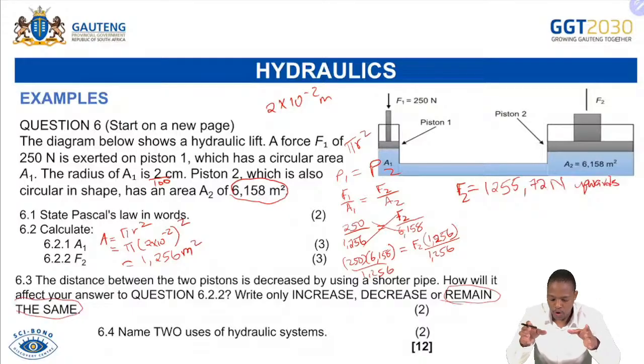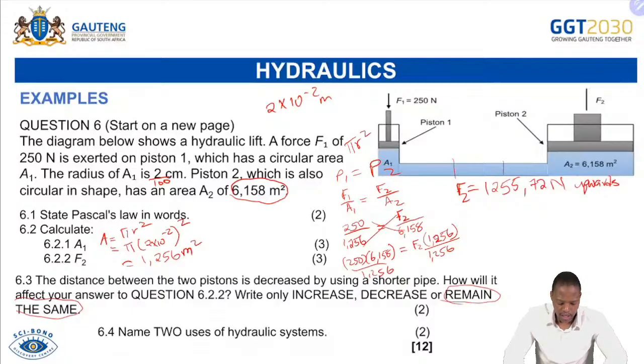The distance between the two does not affect the pressure, and it will not therefore affect the output force. The output force can be affected by the area. If the area is decreased or increased, that will affect the output force, not the distance between the two pistons here. So if we shorten this pipe here, it will not affect my answer whatsoever.